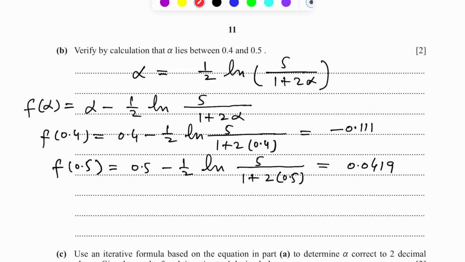Clearly these signs are opposite. f(0.4) is negative and f(0.5) is positive. This shows that alpha lies between 0.4 and 0.5 because it follows the sign change rule.